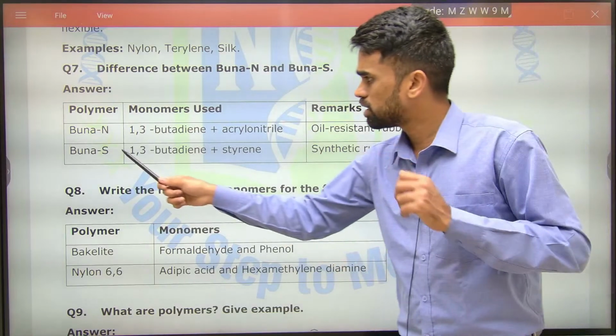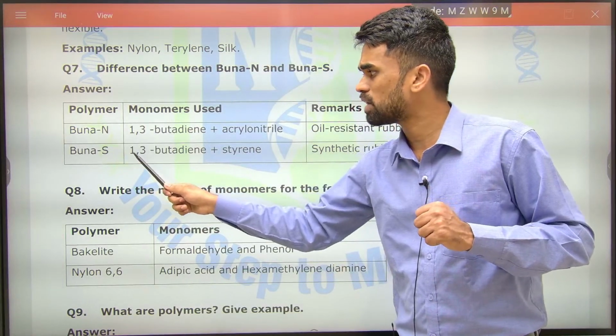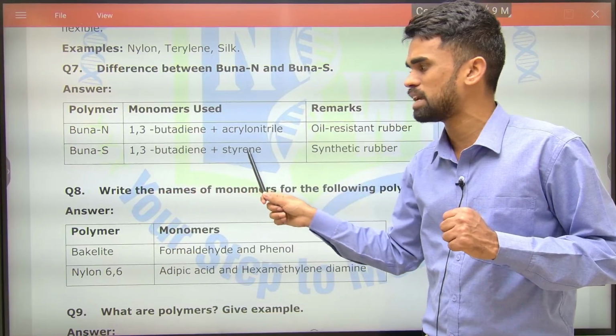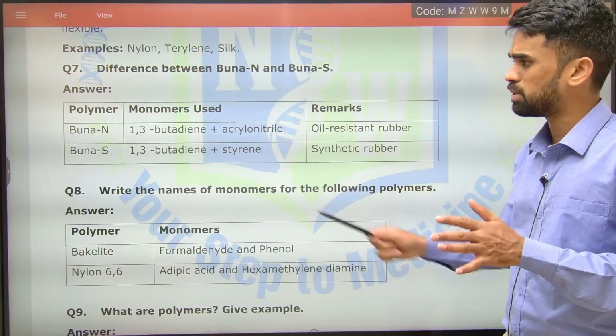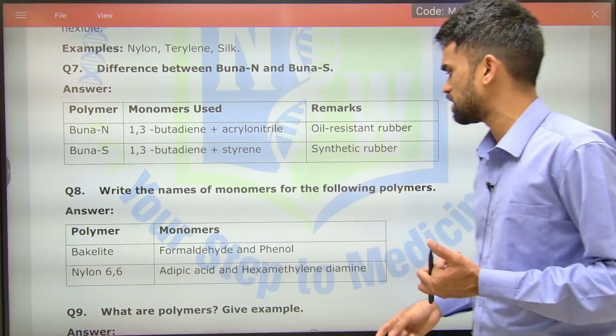The copolymer of 1,3 butadiene plus styrene is a synthetic rubber, Buna S. These are the things you can remember.